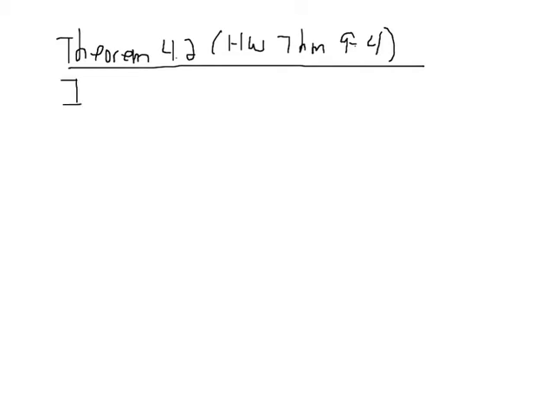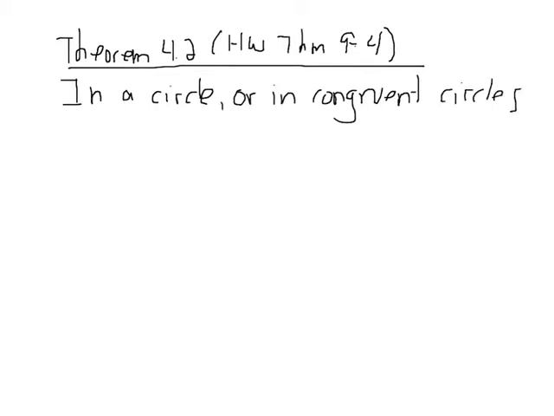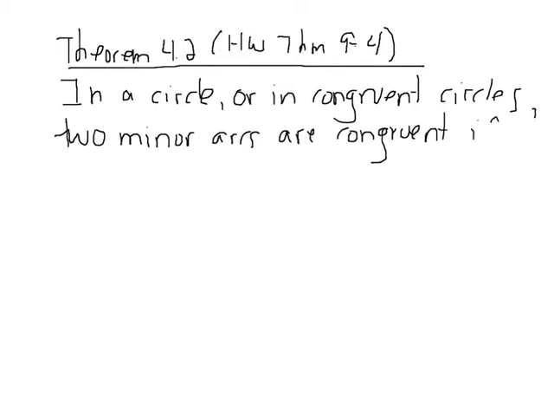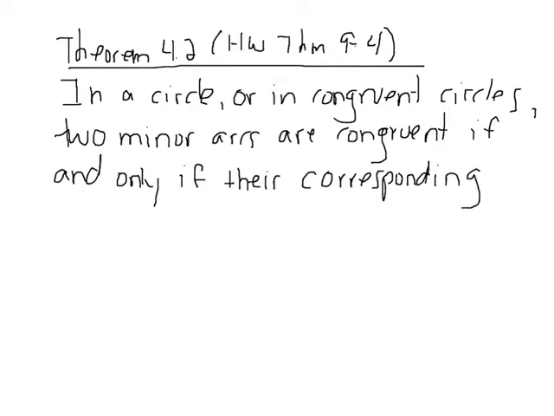And it states, in a circle or in congruent circles, two minor arcs are congruent if and only if their corresponding chords are congruent.